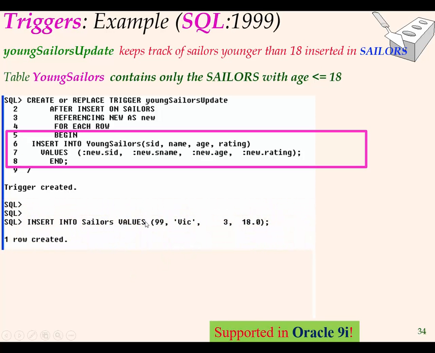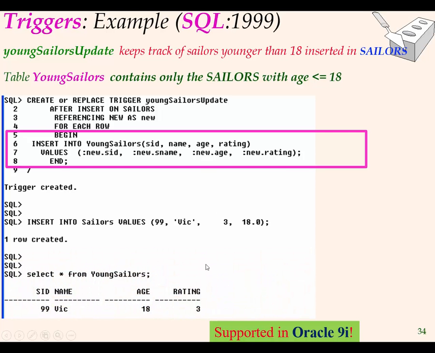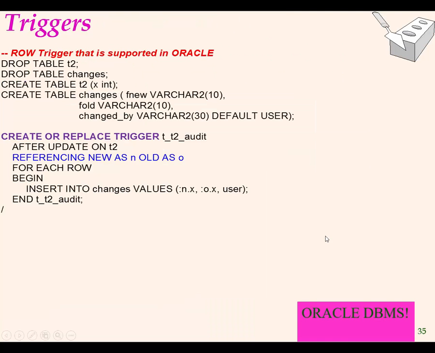So when I insert into Sailors, here's the row, but since this is 18, when I actually select from Young Sailors, I should see that tuple in there, and indeed it is in there. So that's pretty cool. So I'm sure we can manage that new that allows you to read and write.